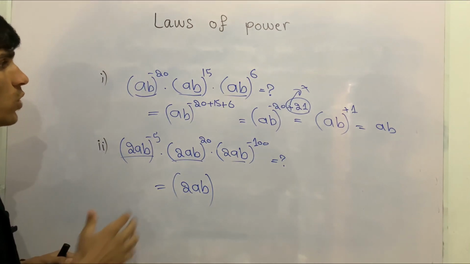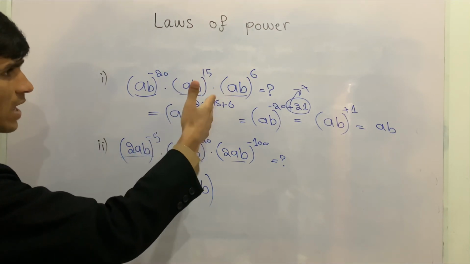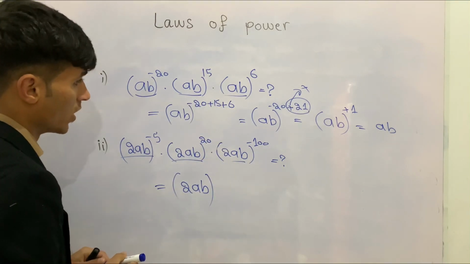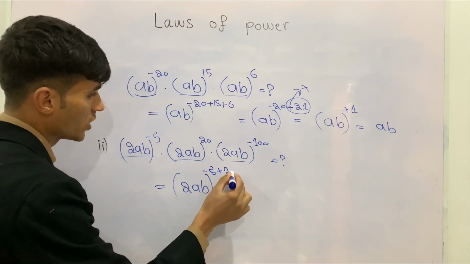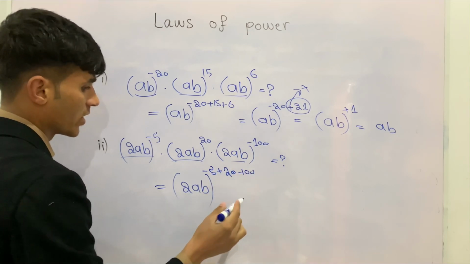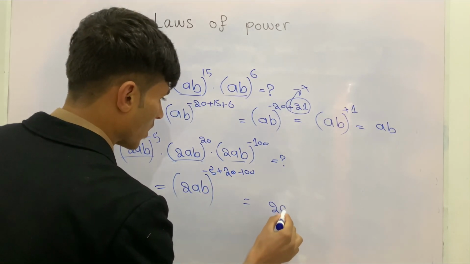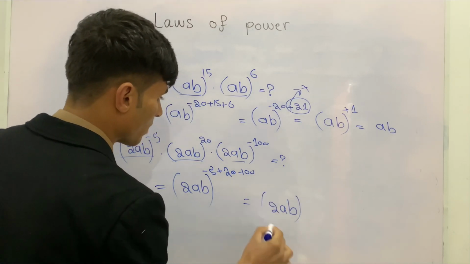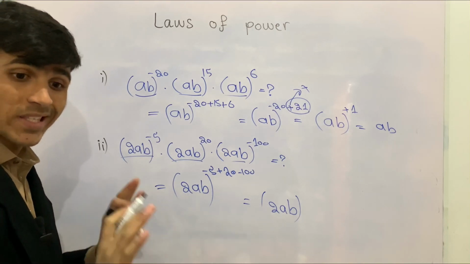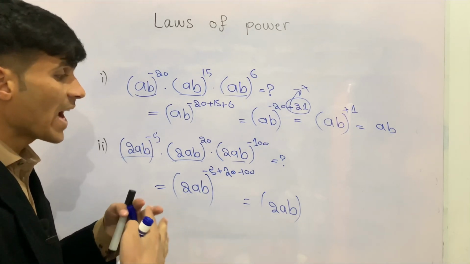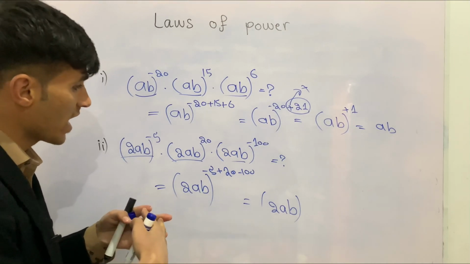What you should do is the same as in the above examples. So minus 5 plus 20 minus 100 equals 2AB whole to the power. If we have numbers with the same signs, we should add them together, okay?